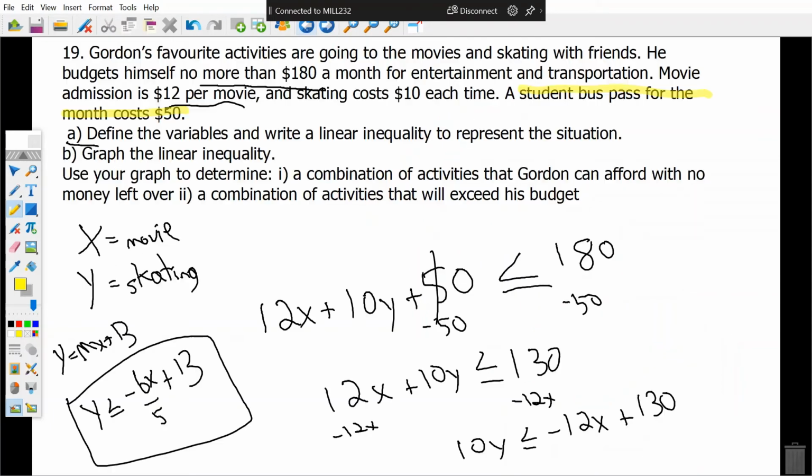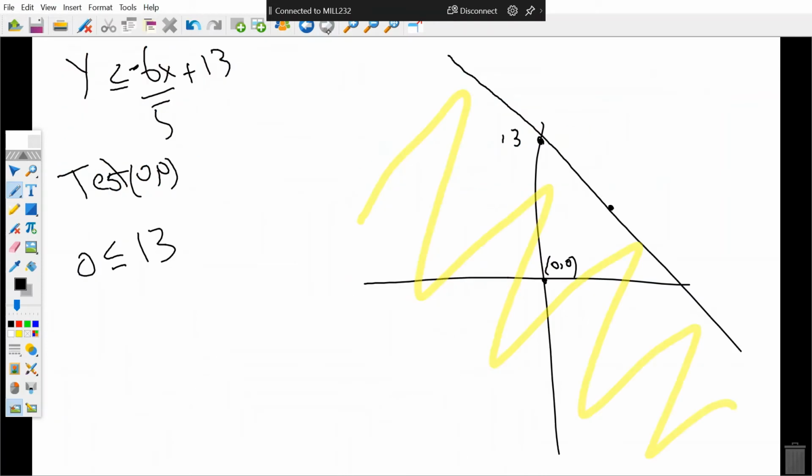Now the final thing that the question is asking us is, what is a combination of activities? Well, the one on the test is asking for just what's a realistic combination of activities? So you'd go here. We know that X is movies and Y is skating. So we are looking for what's a realistic combination of activities that he can afford.